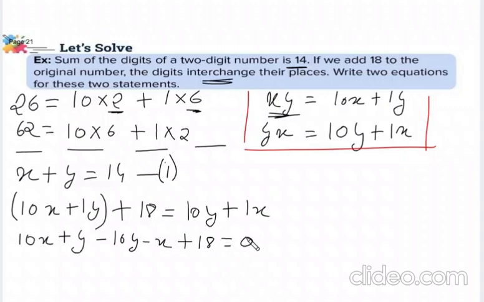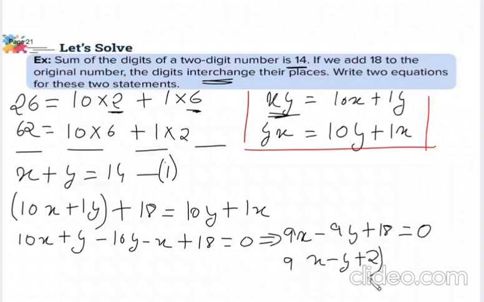I'm transposing it. Now the final result will be 9x minus 9y plus 18 equals 0. Simplifying it, it becomes 9 times x minus y plus 2 equals 0. That's what I'm getting.